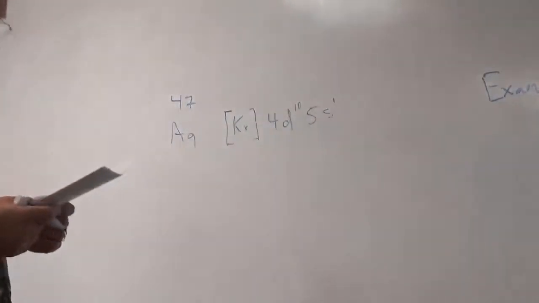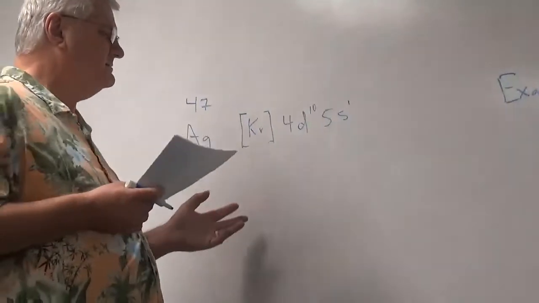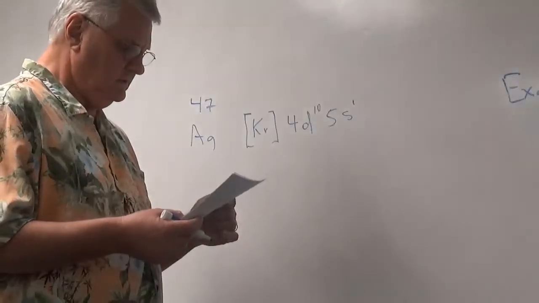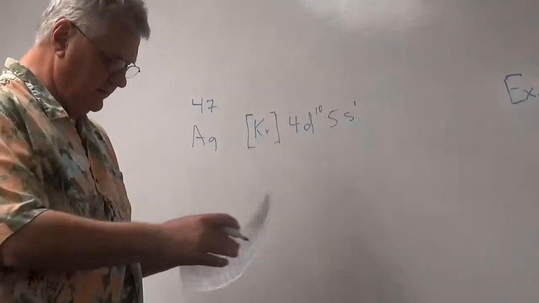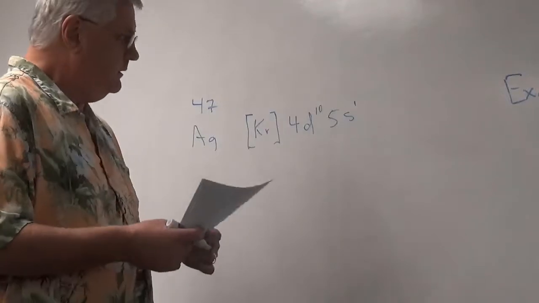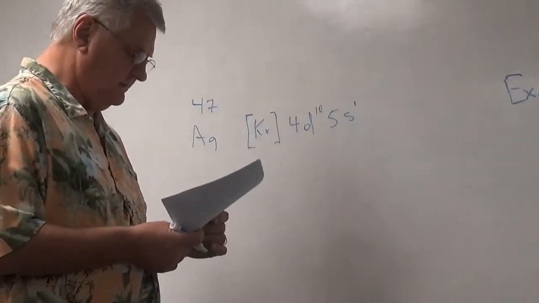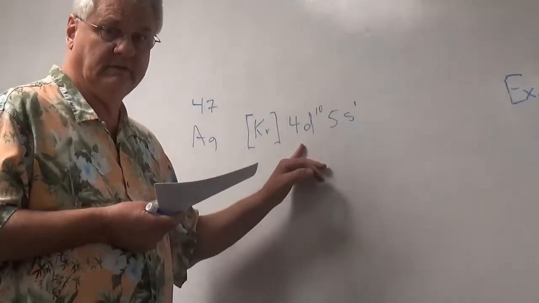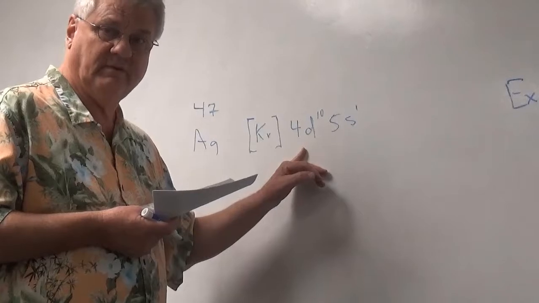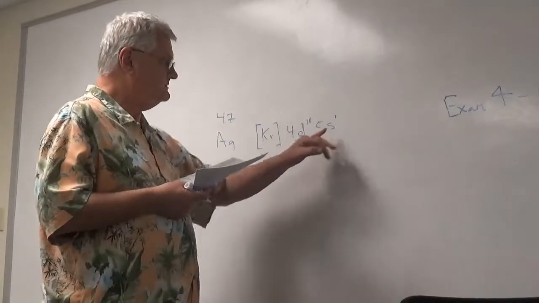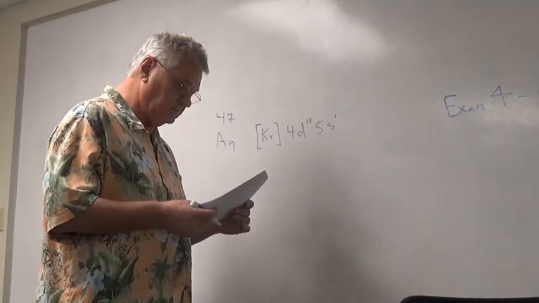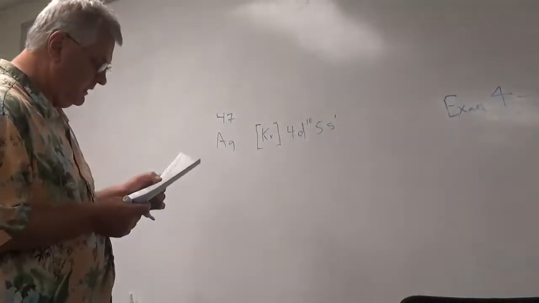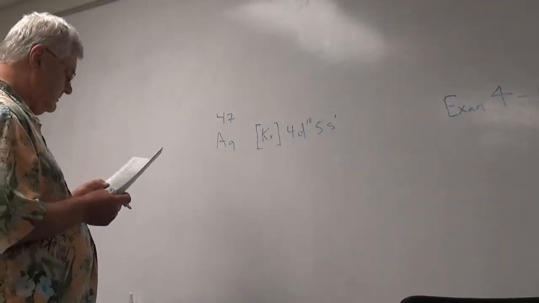Now that is a little odd, but you might wonder what is going on here with silver, that there's only one electron in the 5s orbital when earlier in the period the 5s orbital got filled with strontium. Well, there's an unusual stability in all the 4d orbitals having a pair of electrons, and it's at the expense of the 5s orbital. So for silver, it's 5s1. And it is a bit of a glitch there, okay?